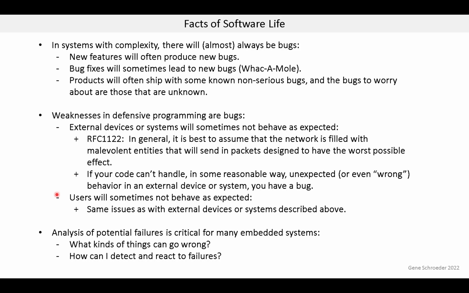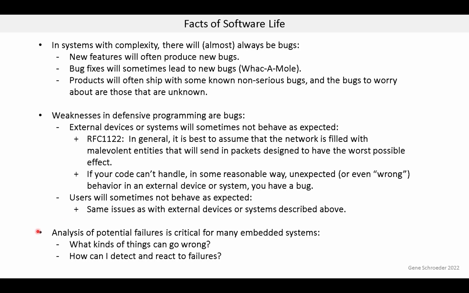Now the same thing goes for users. They will not behave as expected. And sometimes there'll be a problem reported, and you think the user did something that just makes no sense at all. But it's your job to deal with people doing things that seem to make no sense. So that's defensive programming.